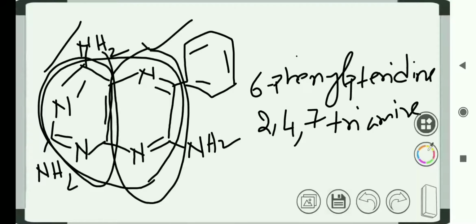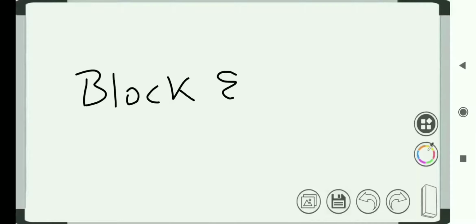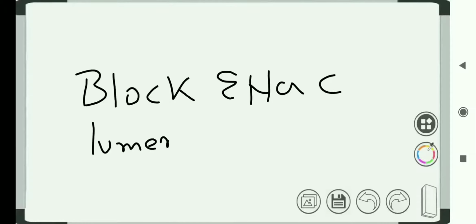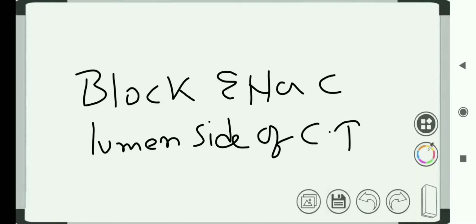Let's see the mechanism, where and how it's going to do its action. So we have triamterene. Its action is going to block the epithelial sodium channel directly, which is present on the lumen side of the collecting tubule of the kidney.